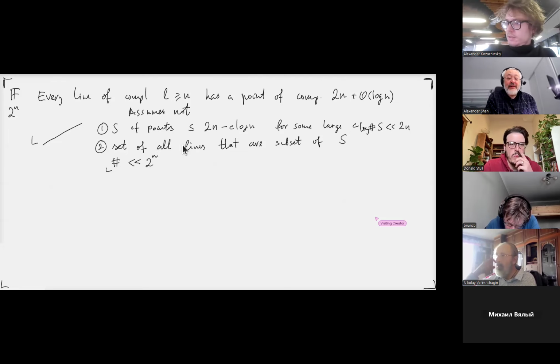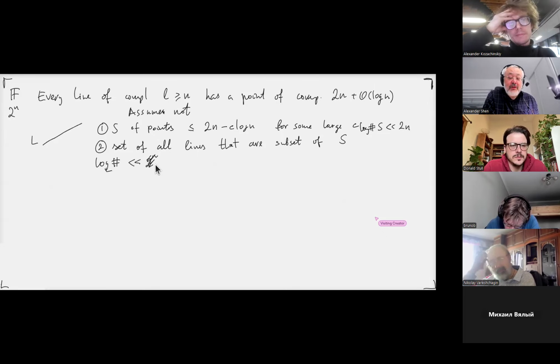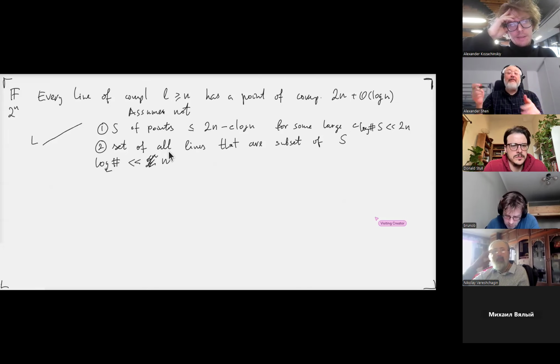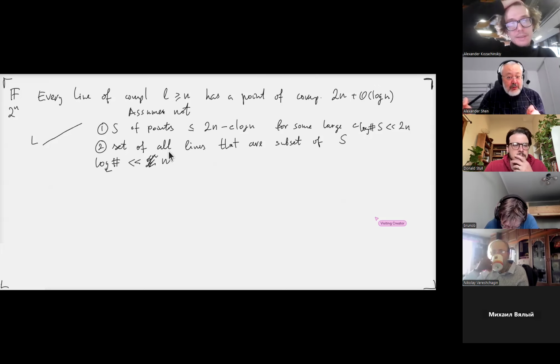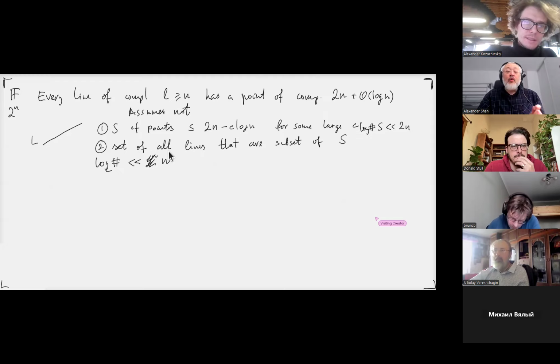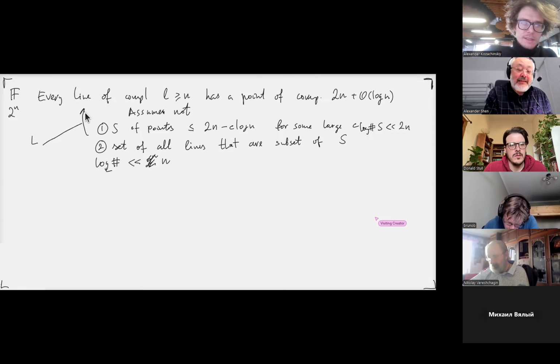And you claim that its log cardinality is smaller than n. This is a combinatorial statement: for every set of points with cardinality a bit less than 2 to the 2n, the set of all lines that go only through these points has cardinality smaller than 2 to the n. And just say how this combinatorial statement implies the complexity statement.